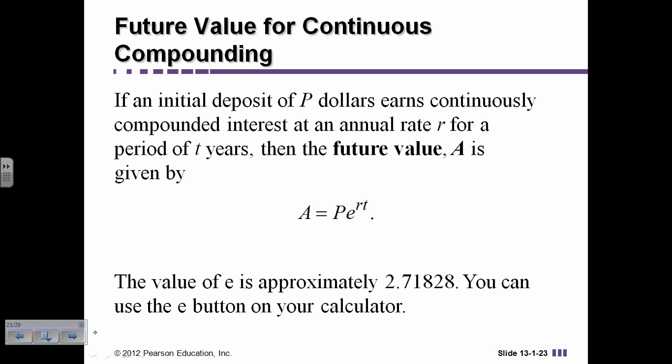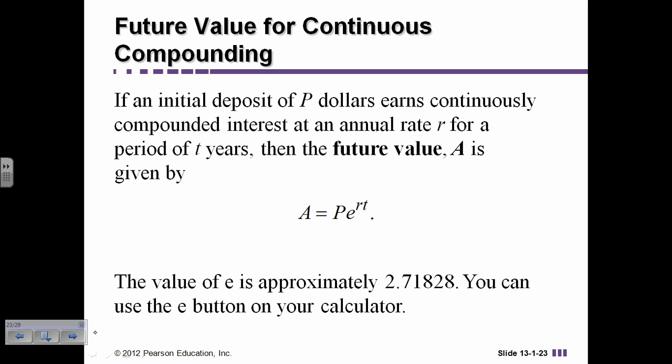So what you have here is a formula to calculate the future value, taking into consideration this inflation. P is your principal. E, there is a button on your calculator, and if you press the button and press enter, you'll notice that you get a value of 2.71828.